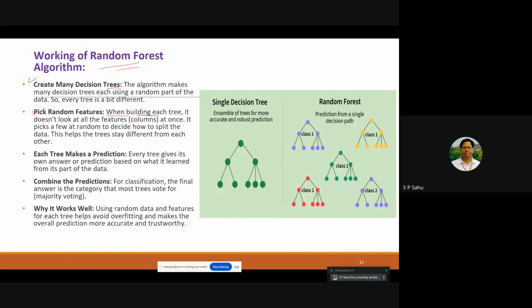Each tree makes a prediction, and the predictions are combined based on majority voting, or averaging for regression. Using this data and features, each tree helps avoid overfitting and makes the overall prediction more accurate and trustworthy. So this is the concept of random forest.